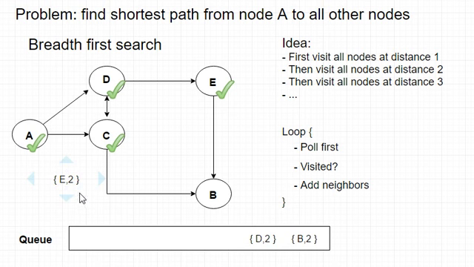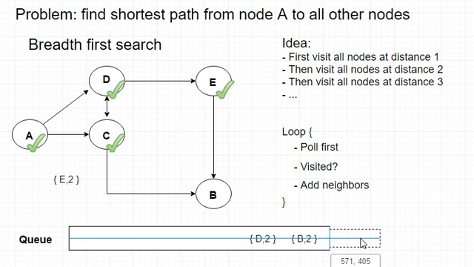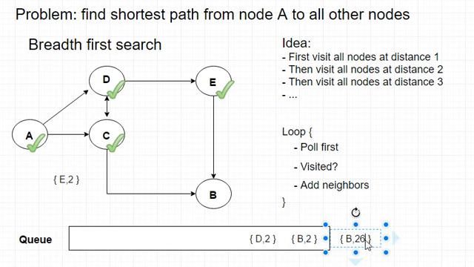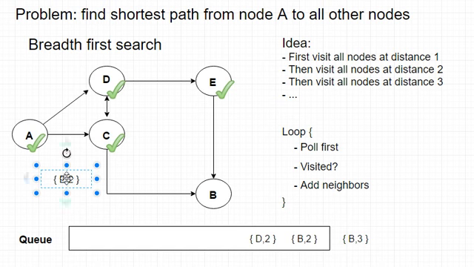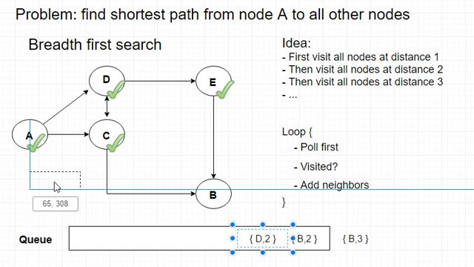So anyway, we will add E's neighbors, or in this case neighbor, B3. So the 2 steps that we have already traveled plus this 1 step here. And now we are done with E, and we will pull the first item from the queue.